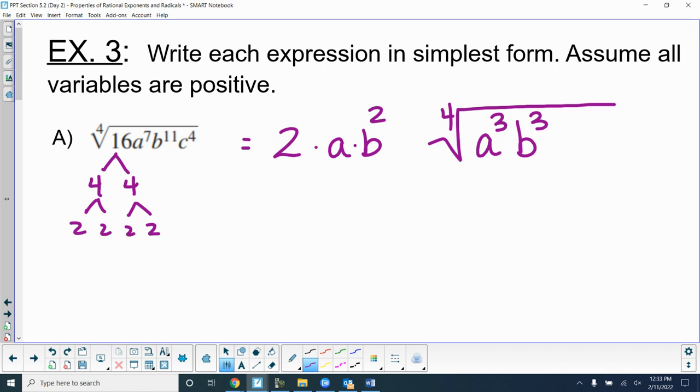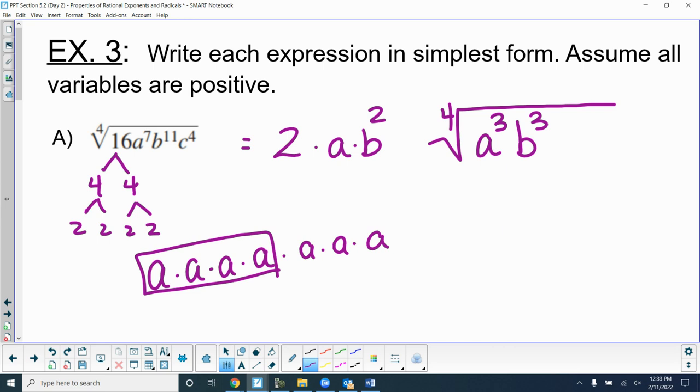Liz? Okay, I'll go through it again. 4 goes into 7 one time, right? There's 4 A's, so that A comes out, but how many are left underneath? 3 of them. Okay?